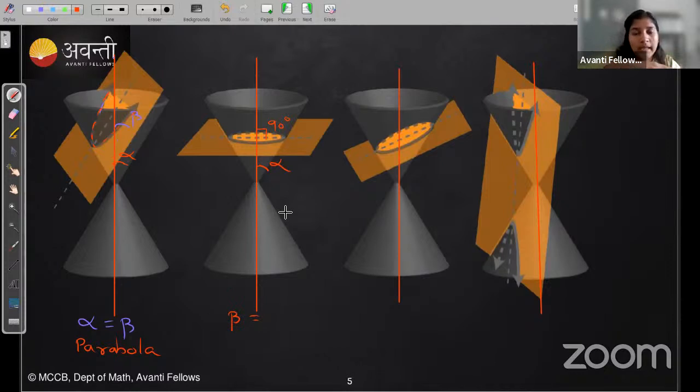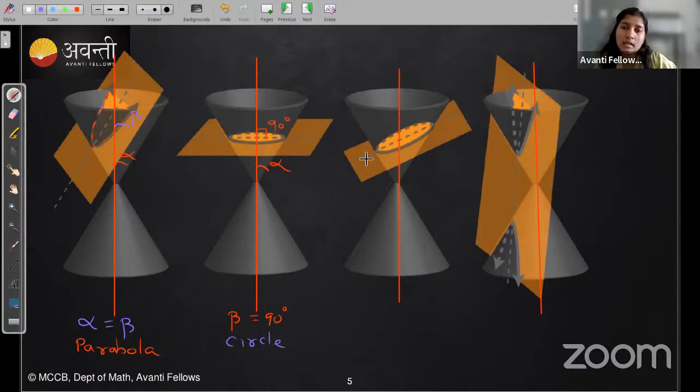That is the angle between the plane and the central axis. It's 90 degrees. When the angle between the plane and the central axis is 90 degrees and we cut that cone, it will become two parts. The shape that we get here is a circle.